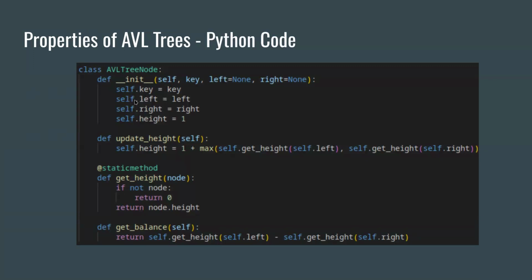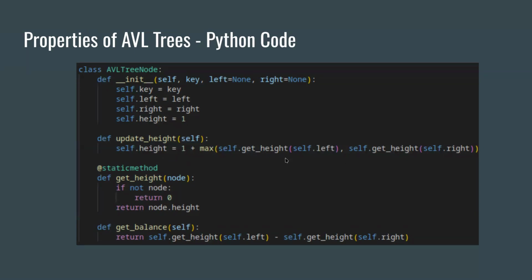In addition to that, we are storing height, and height starts with 1 when you initialize. We would have three important methods, the first being update height. This is getting the height, which we talked about: it's 1 plus max of get height of self.left and get height of self.right.